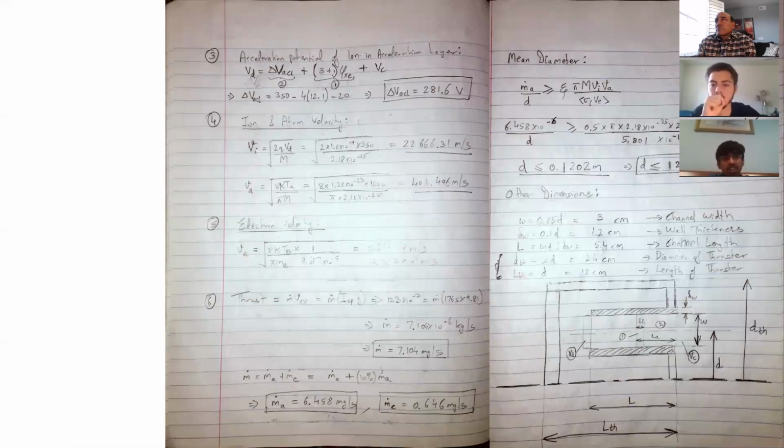I'm not sure how the empirical relation comes out, but this is how the diameter of the Hall thruster is estimated to be about 12 centimeter.